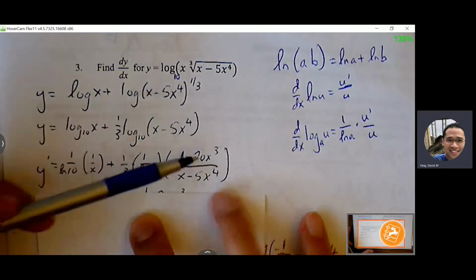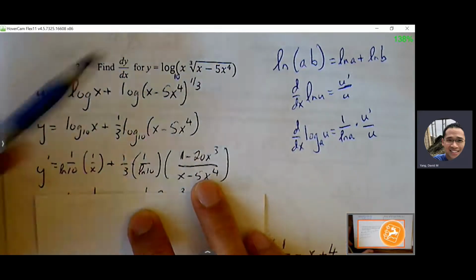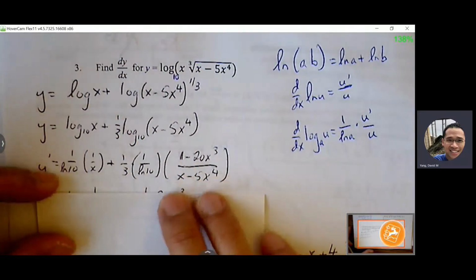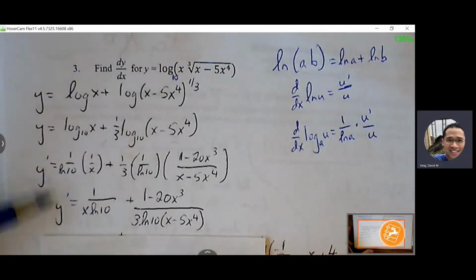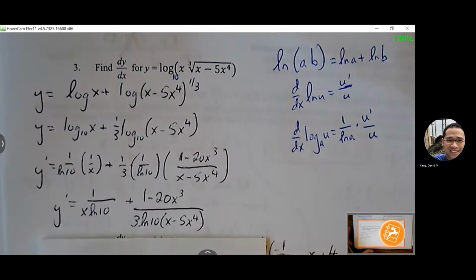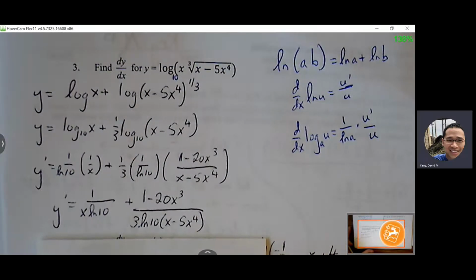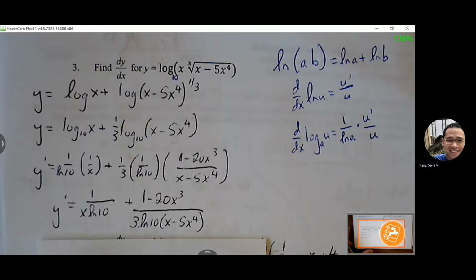I just decided that I want to merge this into 2 separate fractions instead of all this messiness, so I cleaned it up a little bit more, but either is fine. Good. Okay.